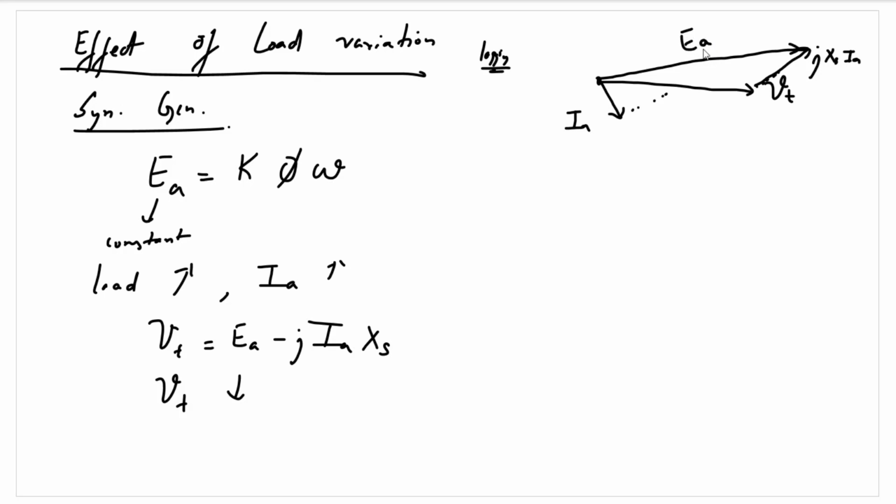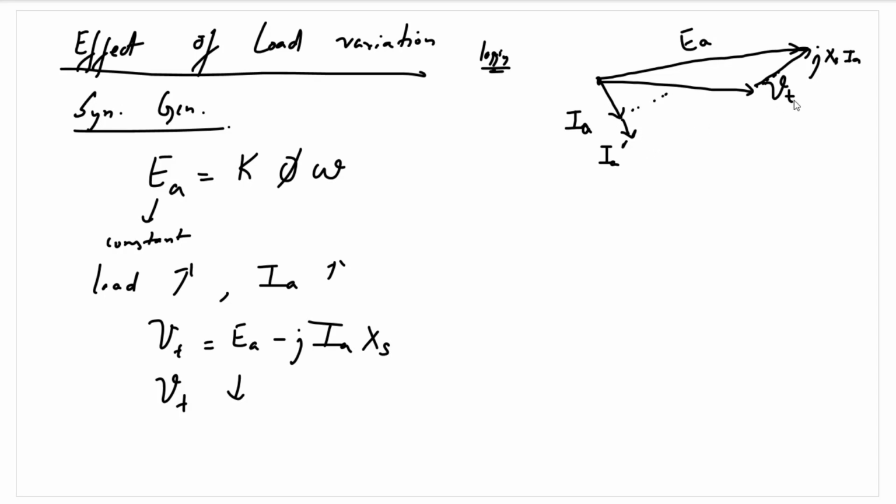Now we are increasing the load. Increased load means increased armature current. So as we increase the load, if this is IA, this is IA dash now, corresponding to the increased load condition.